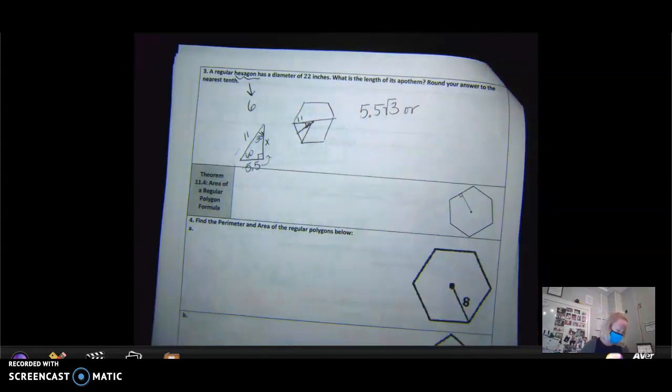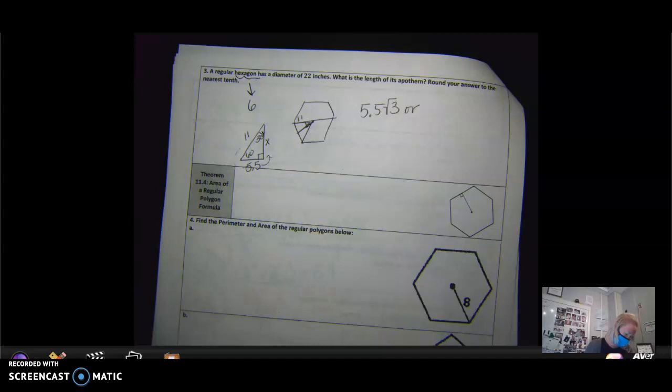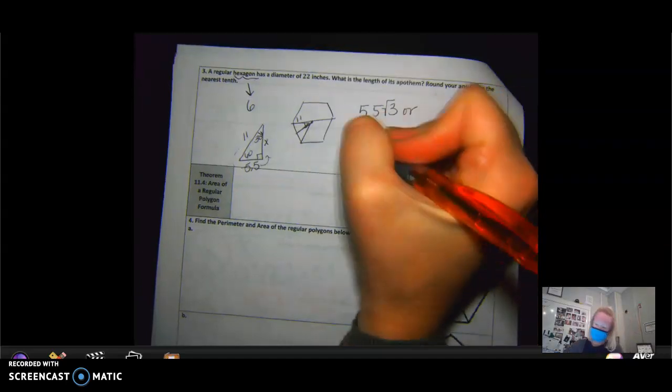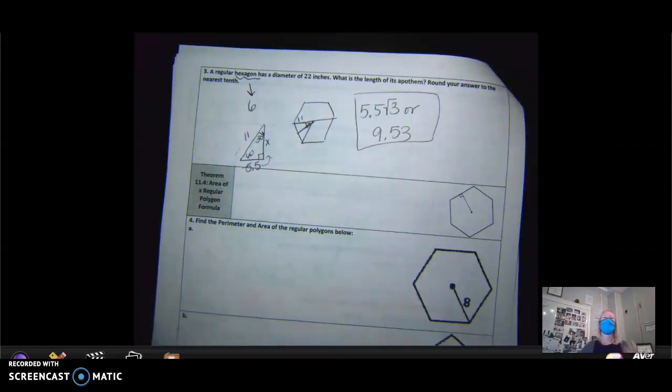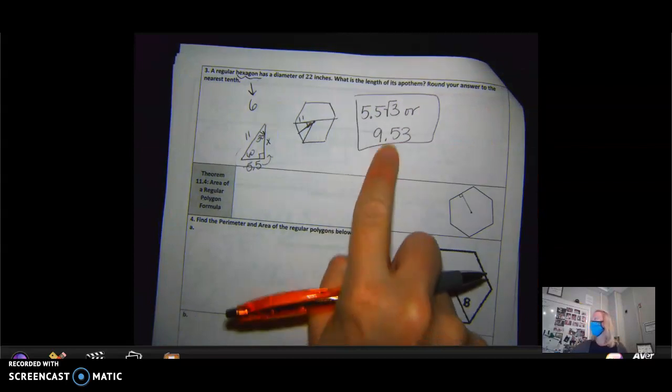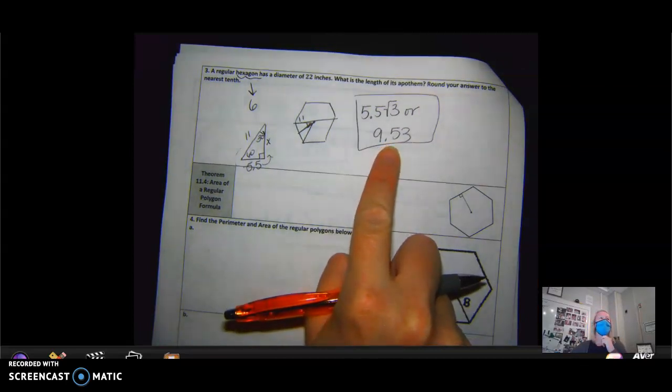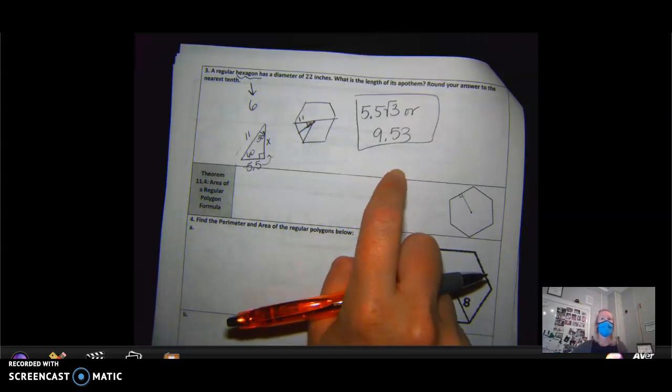Or if we turn that into a decimal, I get 9.53. And if you use SOHCAHTOA on that, you should get right around 9.53 also. Maybe a decimal place or 2 different, but it should give you that same answer. Any questions on that, guys?